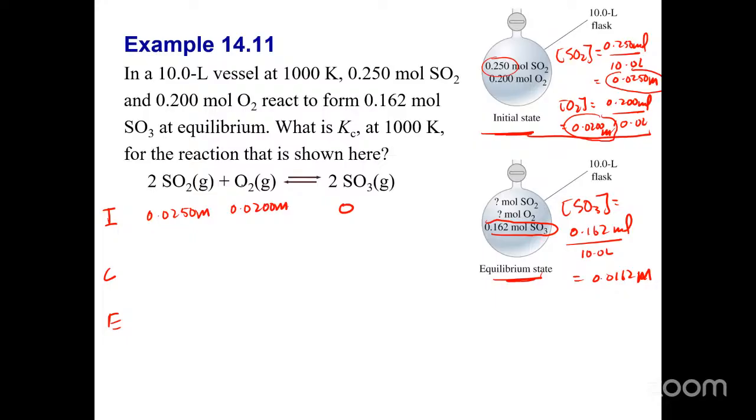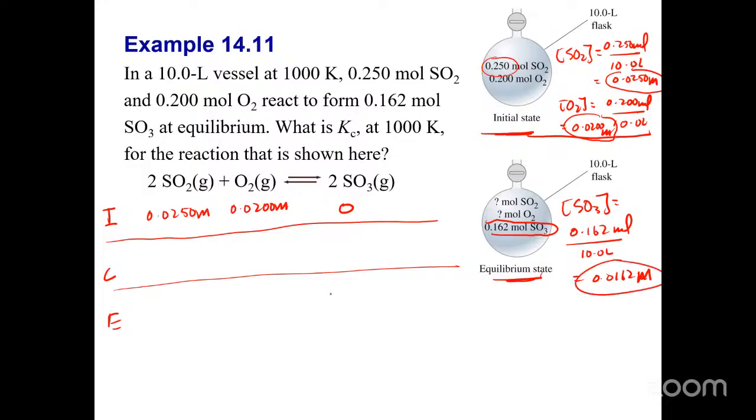Then down here, let me draw lines to separate the rows. Now, we don't know what the changes are yet, but we do know that at equilibrium, the concentration of SO3 is 0.0162 M.